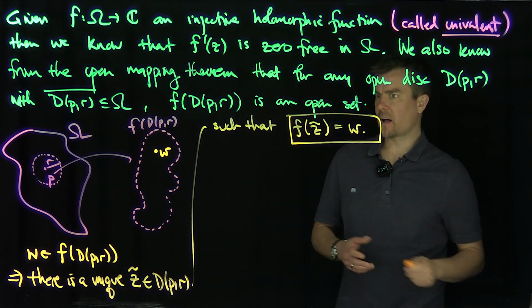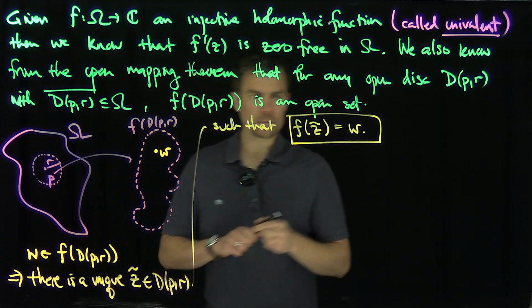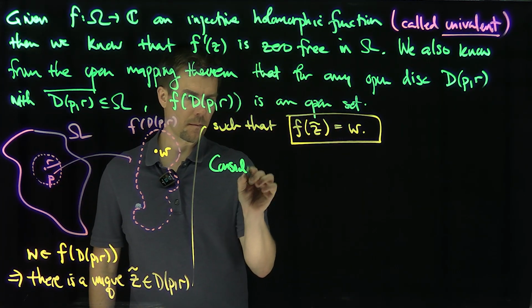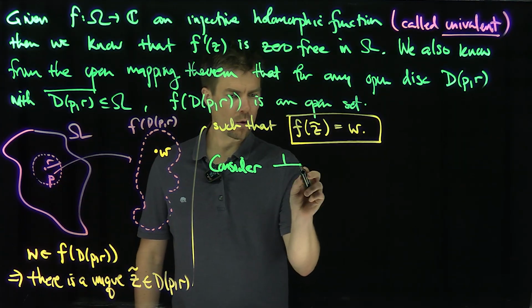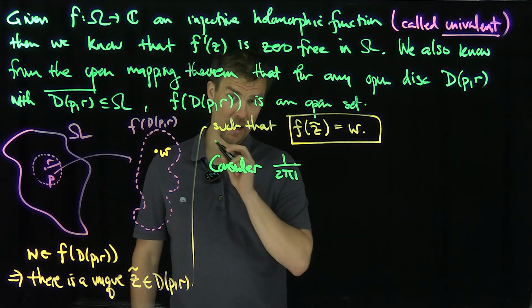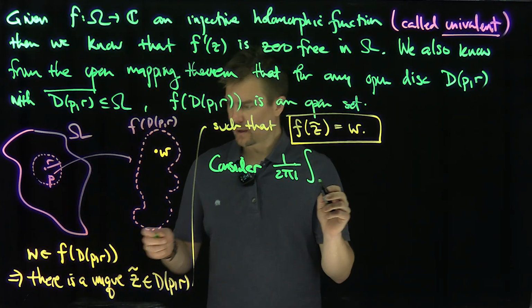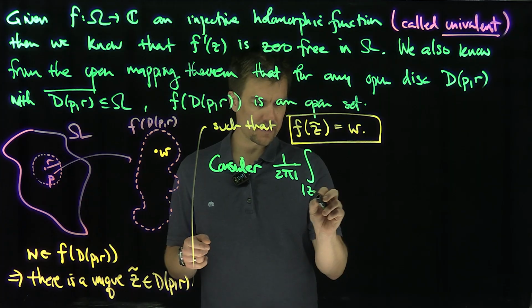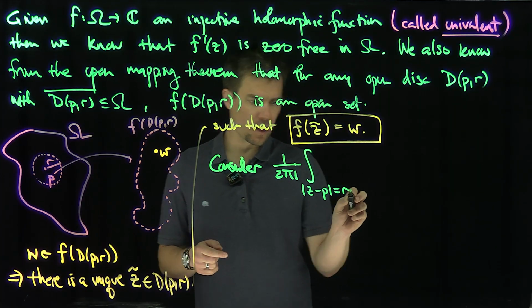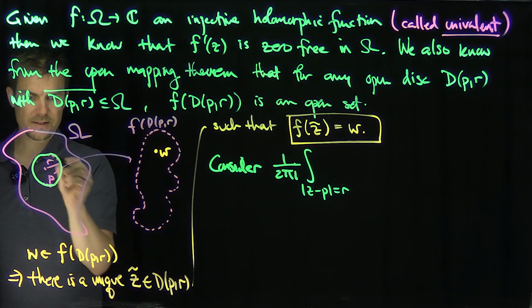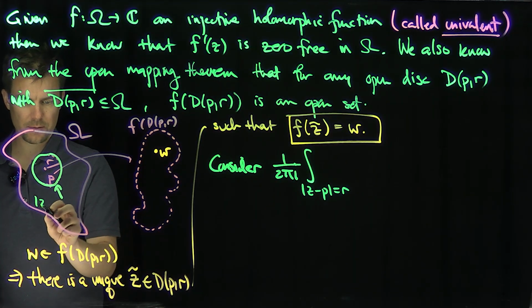Now let's consider 1 over 2 pi i times the integral over this circle. What's that circle going to be? It's the points where the absolute value of z minus p equals r.